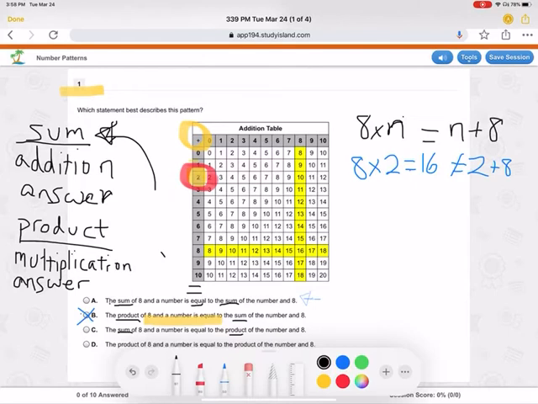So, I'm going to erase this one for a moment. And I'm going to write in a different color because I'm going to remember it better. We said the sum of 8. So that means 8 plus 2 equals the product of the number. That means multiplying times 8.